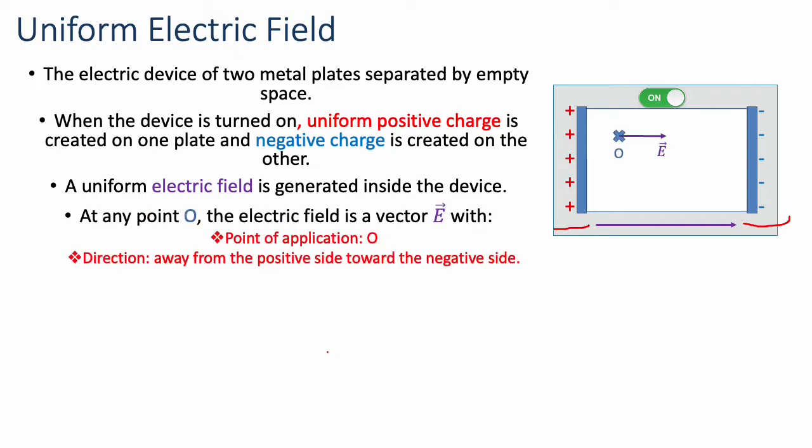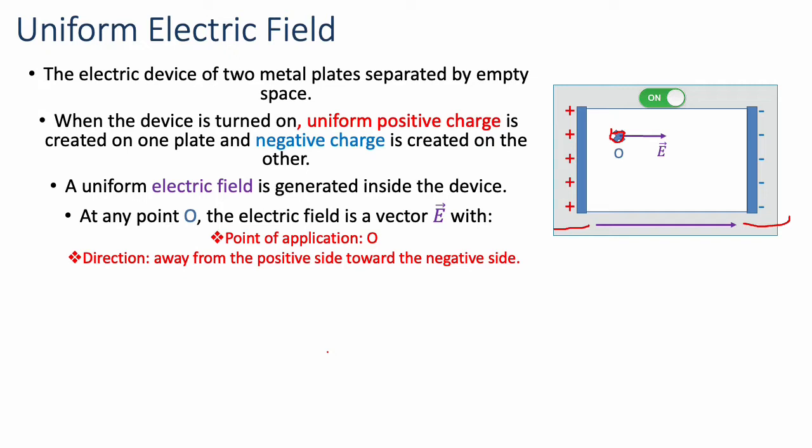شو معناتها؟ معناتها if I take any point O, observation point O, في vector E, هالvector direction تبعه away from the positive plate toward the negative plate, and it has a strength. بعدني أنا مش عارف شو الstrength تبعه بس it's applied at point O and it's directed from the positive plate toward the negative plate, and this is the electric field.